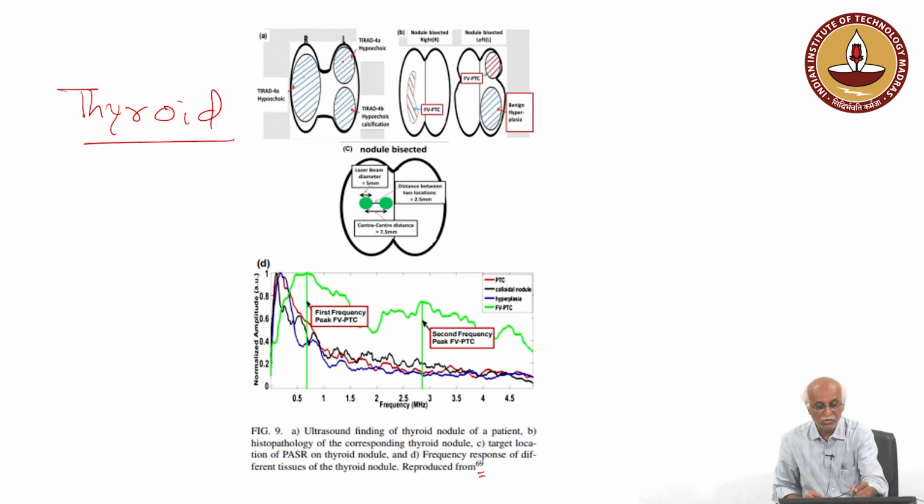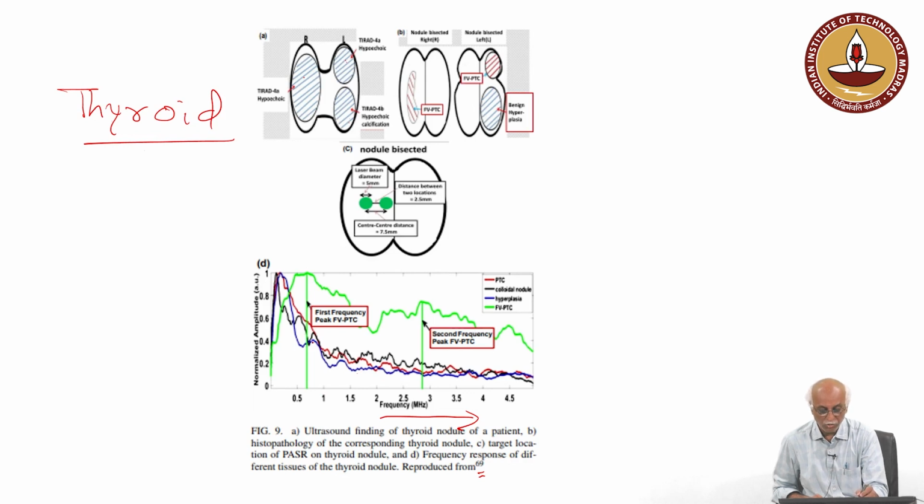Different parts of these tissues are irradiated with laser and the acoustic signal is observed. What was observed in terms of frequency distribution of this photoacoustic signal, if it is approximately normal tissue, you can see that the curve is approximately black color or blue color.